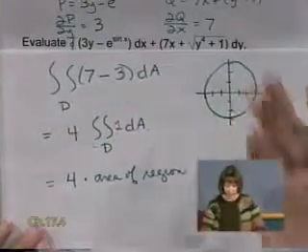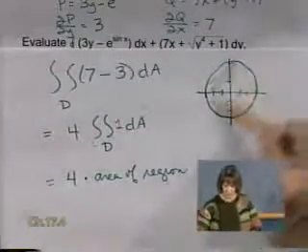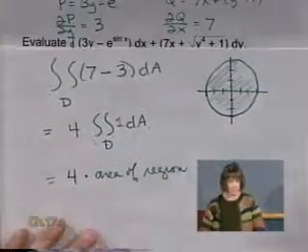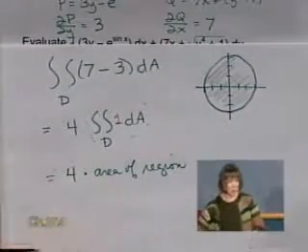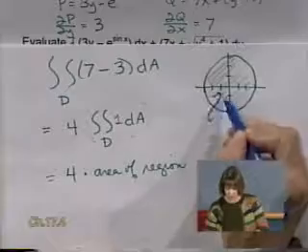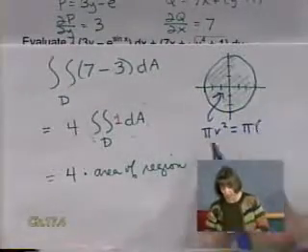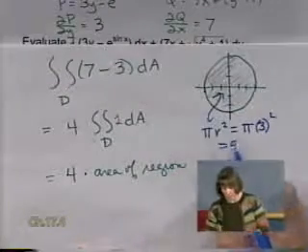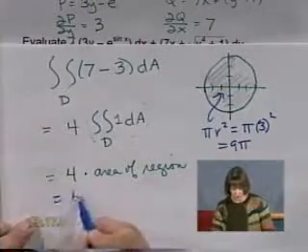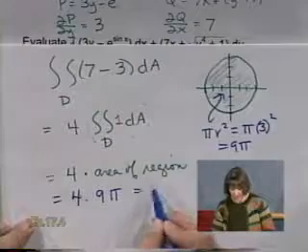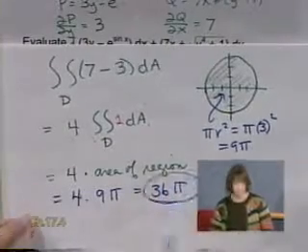Well, I know how to find the area of a circle. Last time I looked, the area of a circle is pi r squared, right? Since the radius was 3, it'd be pi times 3 squared, or 9 pi. So this is just going to be 4 times 9 pi, which is 36 pi.